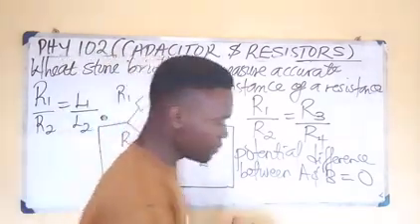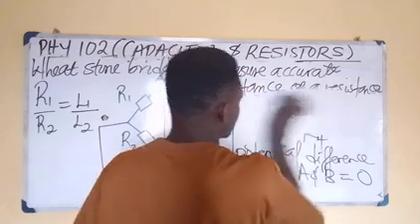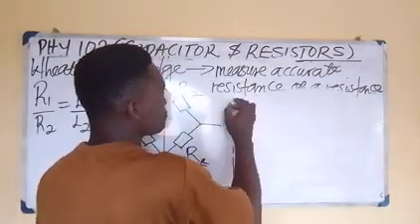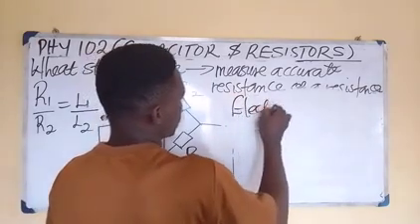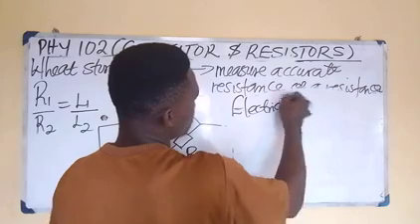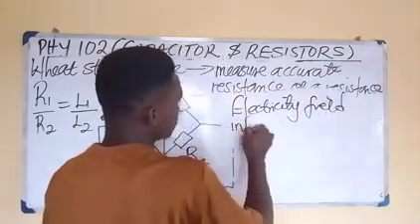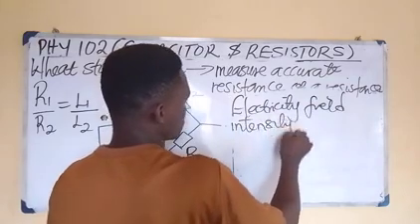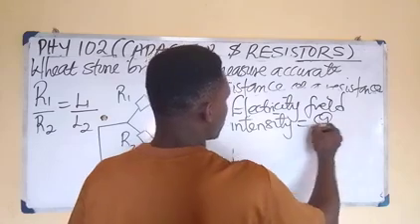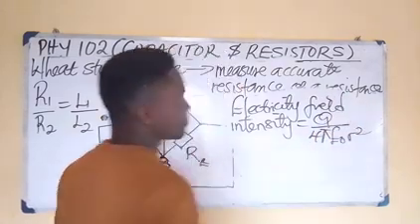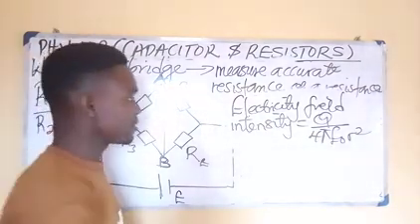Please, let me give you this as a miscellaneous. Electric field intensity is equal to Q over 4 pi epsilon naught R squared. Electric field intensity.